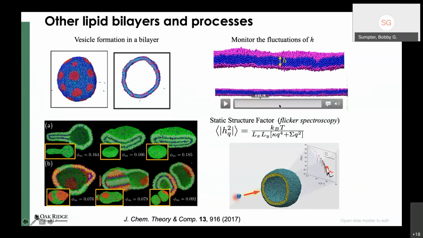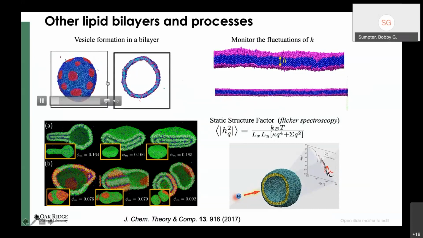And you can start asking all sorts of questions about formations of rafts and domains and pores that we talked about earlier, and understand especially how adding different things into the media control the formation of these different types of pores and structures. So it's very similar to the case I mentioned earlier with the phospholipid, but it's different lipids.